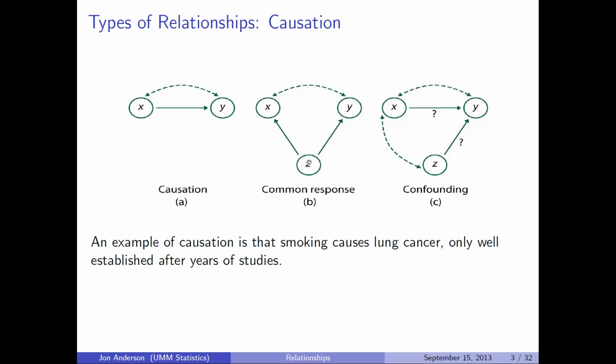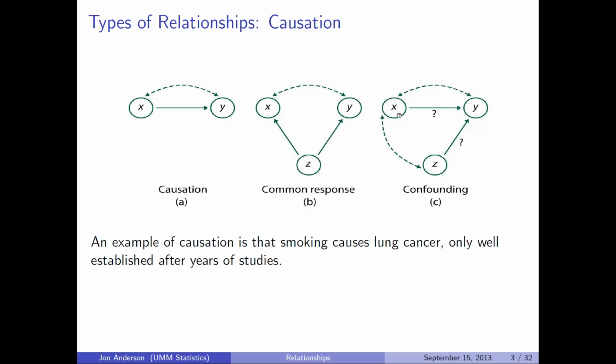Another possibility is that a factor like Z influences causally X and causally Y, and it makes X and Y look like they are related. So Z causes a change in X, causes a change in Y, and it makes X and Y look correlated.